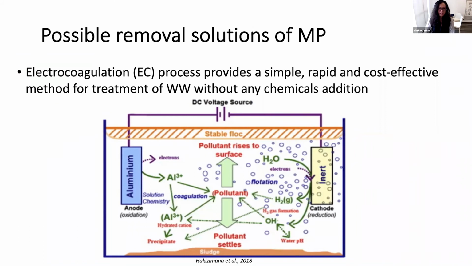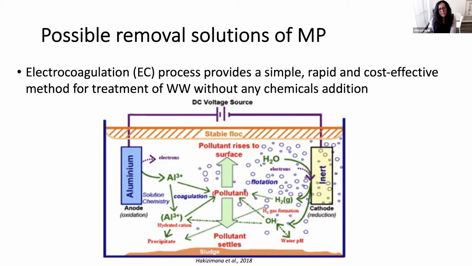So what we study is the use of a process called electrocoagulation. Electrocoagulation consists of two electrodes, an anode and a cathode, and then we apply a voltage difference between them. So there's going to be some current going through. Electrons are going to be taken from the cathode and transferred to the anode, and there's going to be a release of electrons from the anode.